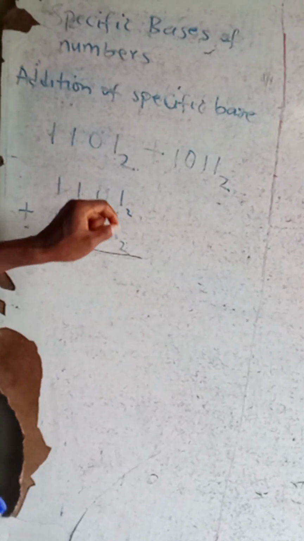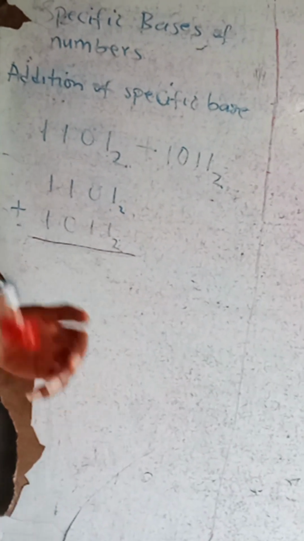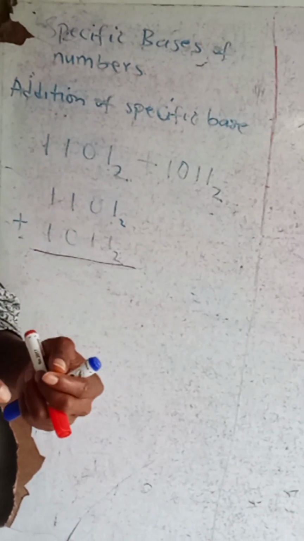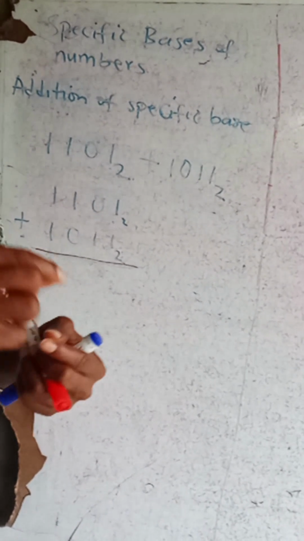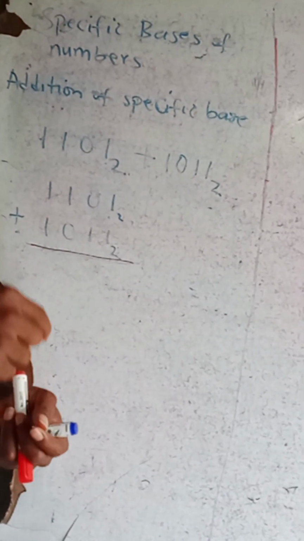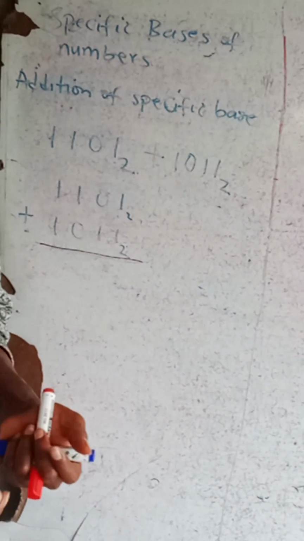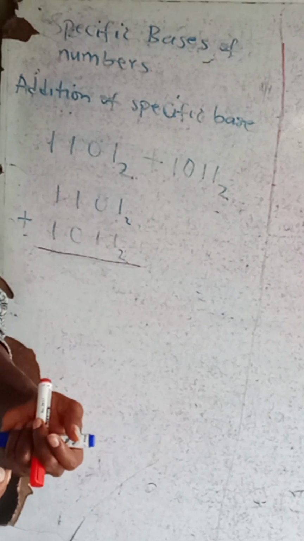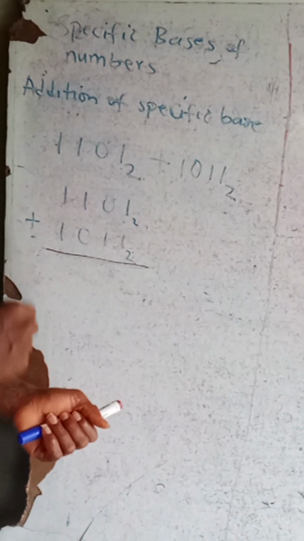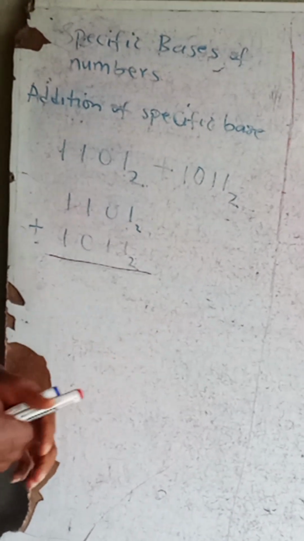Since the numbers are in base 2, whatever you add should not be more than the base. If it is more than the base, then it's a wrong expression. So our addition should not be more than 2 in this case.